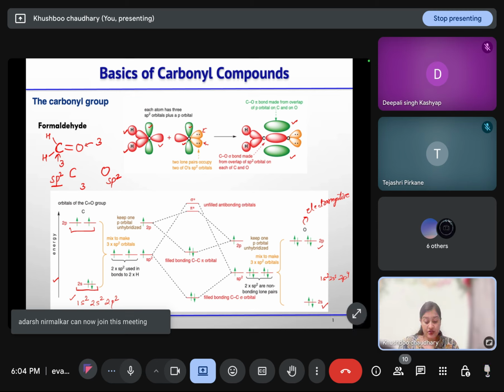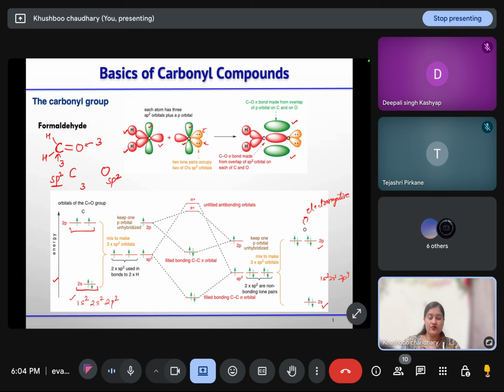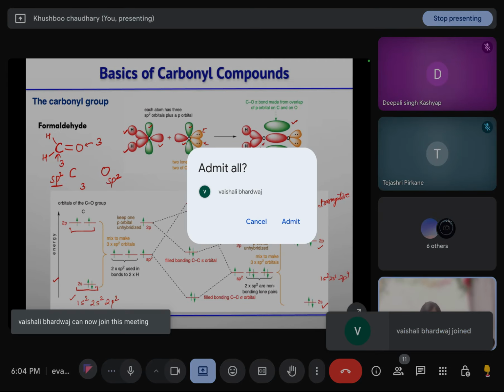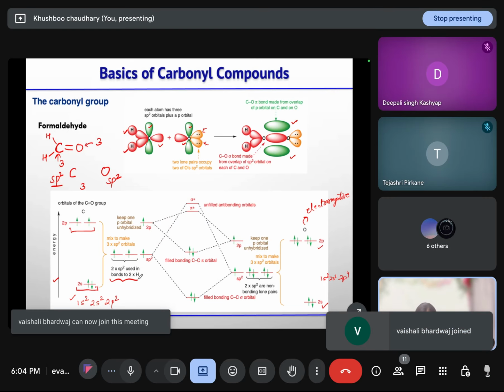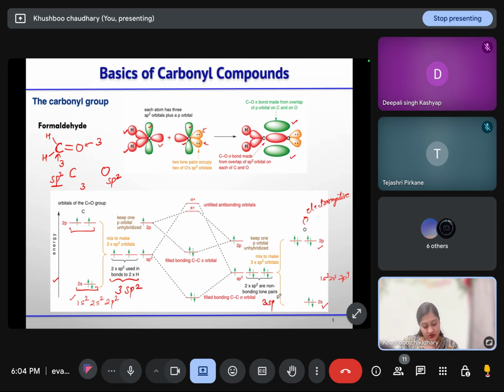When carbon and oxygen come together to form the bond, hybridization takes place. During hybridization, the 2s orbital and two 2p orbitals overlap to form the sp2 orbitals: three for carbon, three for oxygen. Two of the sp2 orbitals of carbon are used in forming bonds with hydrogen.